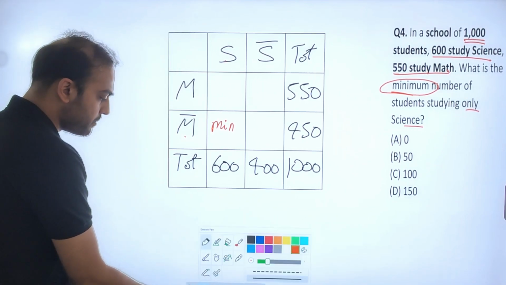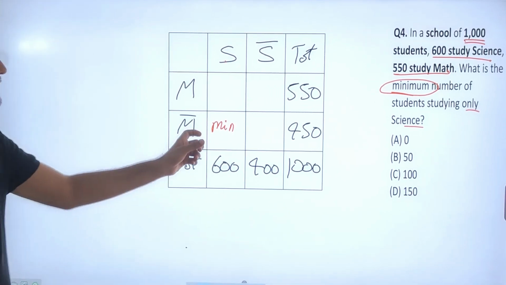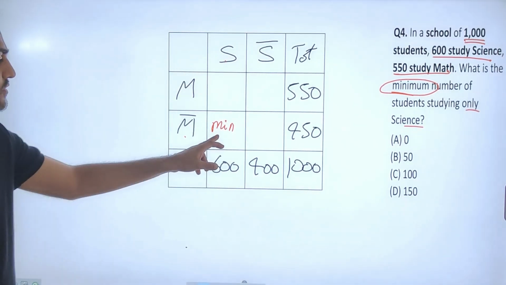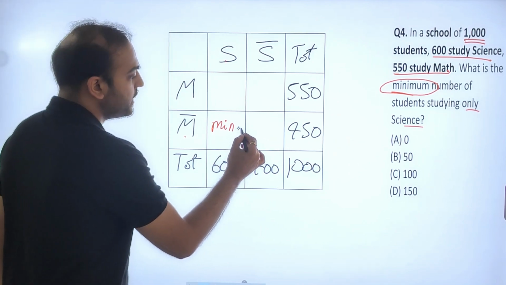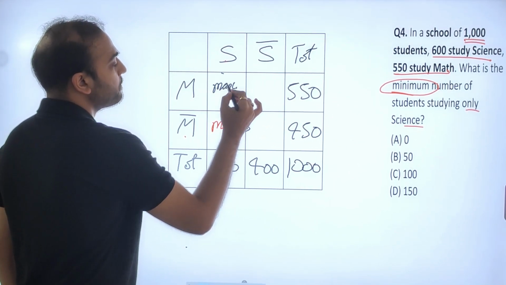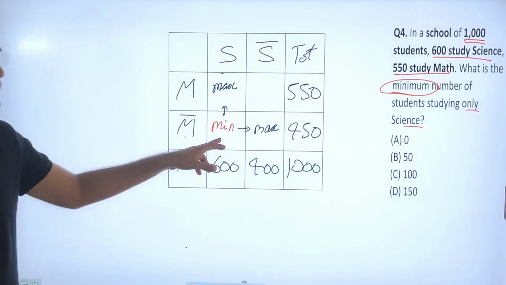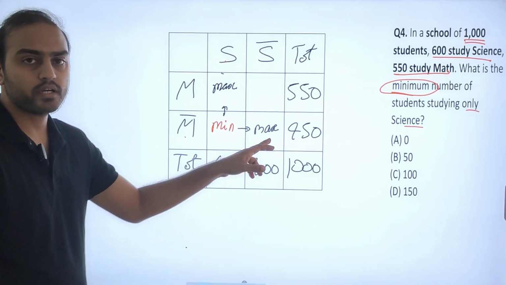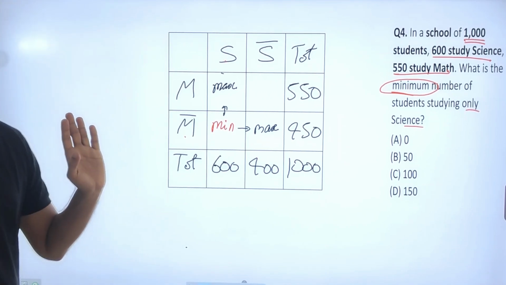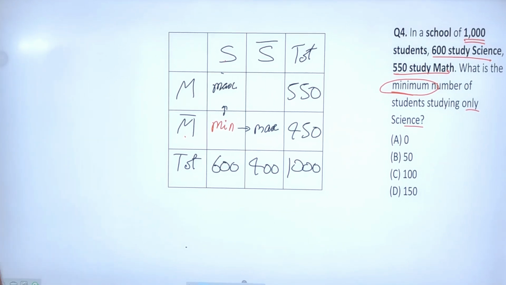Now if you remember, at the beginning I told you we can't directly solve for minimum. If this is minimum, the elements next to it are both maximum. And we know how to solve maximum.